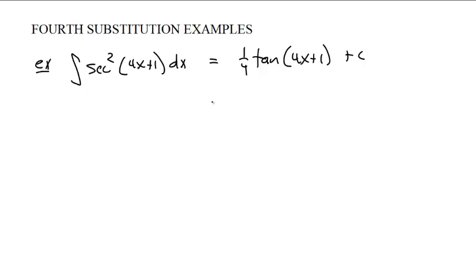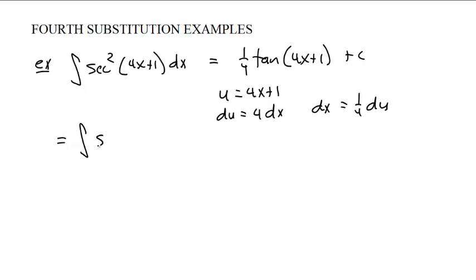If you aren't comfortable about that, you set u equal to the stuff inside, 4x plus 1. du is 4 dx. So dx is 1/4 du, and then this becomes the integral of secant squared of u times 1/4 du.